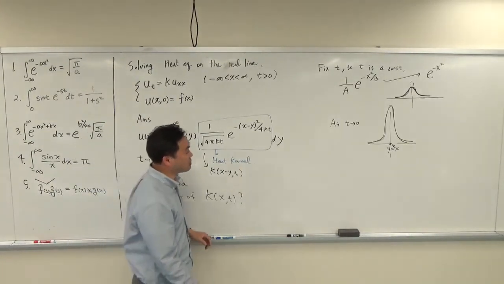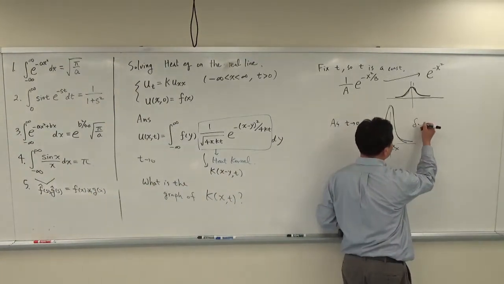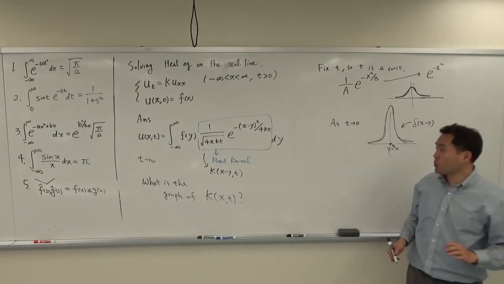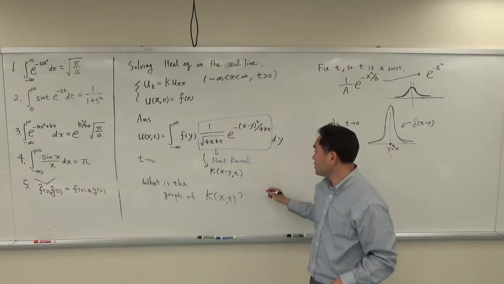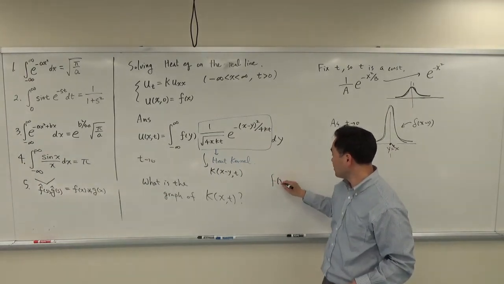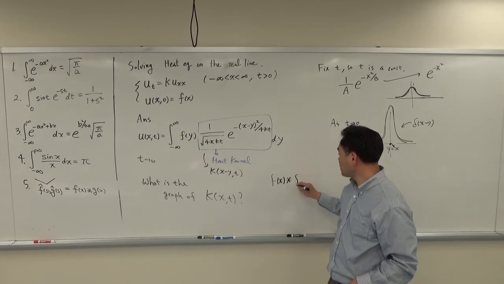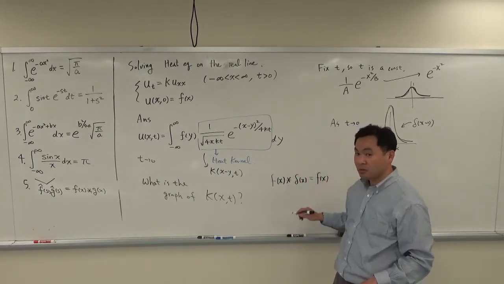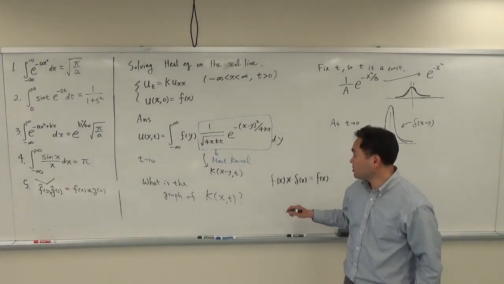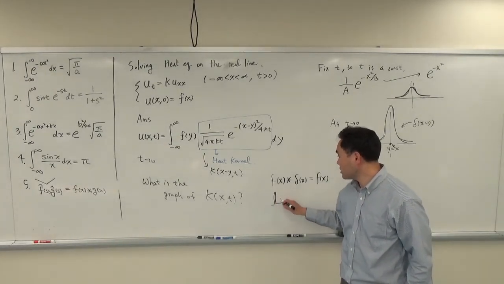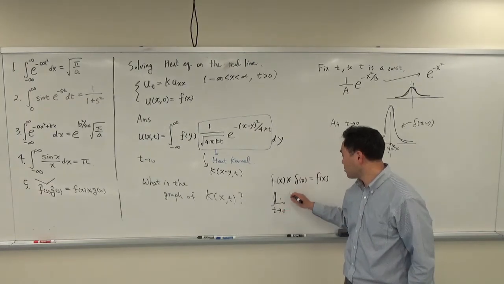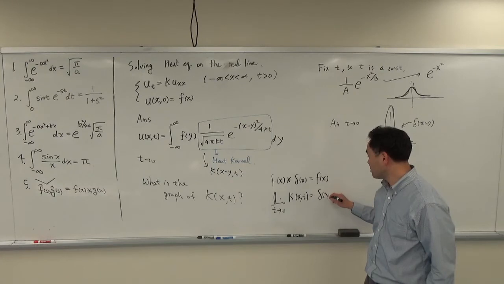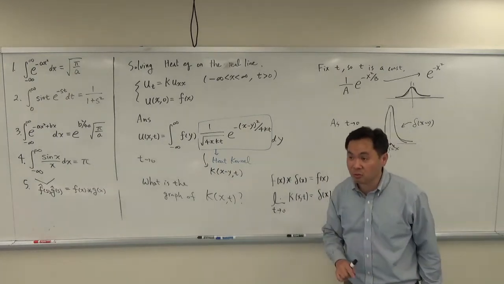This is what people call a delta function. If you have a function convolved with a delta function, the result is the function itself. So what I'm trying to say is that this heat kernel, the limit of t going to 0 of k(x,t), gives you the delta function, so that it recovers the original function.